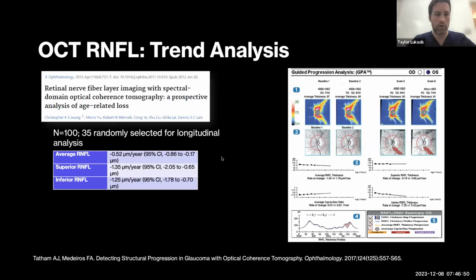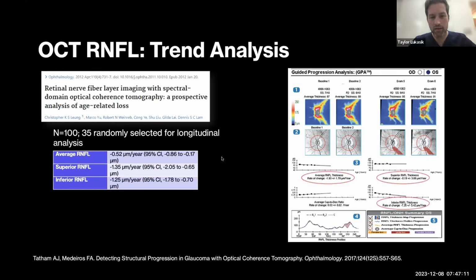So the OCT and the RNFL trend analysis: normal eyes lose around 0.5 microns of RNFL thickness every year under normal circumstances. There's also a little bit more loss superiorly and inferiorly, just greater than 1 micron a year.